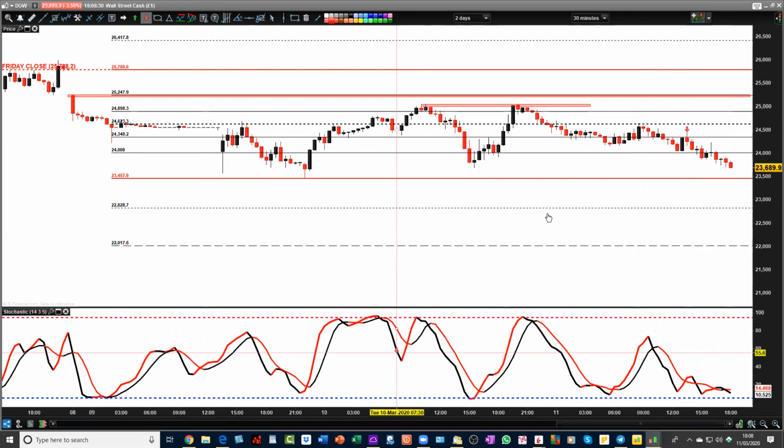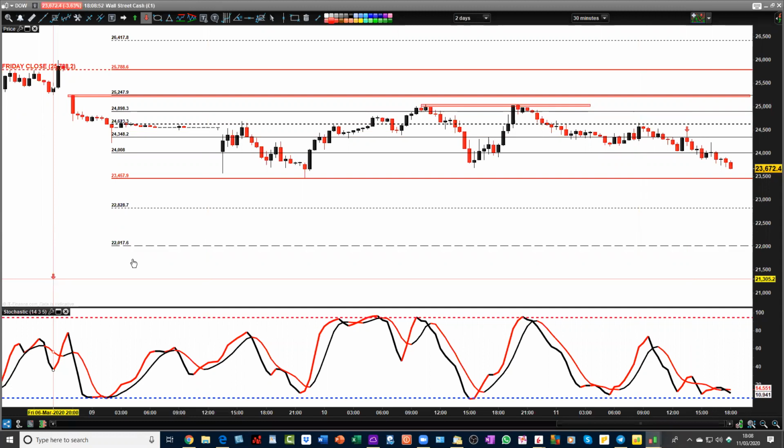So that's a good way to try and piece the market together, try and break away from the noise that you're getting, and concentrate on levels that you can see based on this gap strategy.